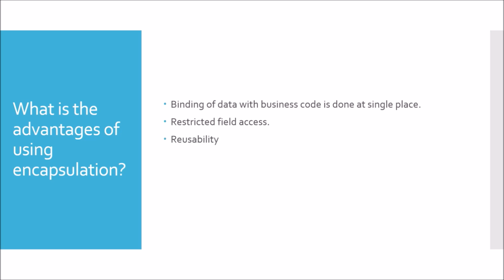Third, reusability: instead of setting and creating every time you need it, you can just use the set and get methods to reassign and get the value. Fourth, easier maintenance: you can manipulate data inside setters also.